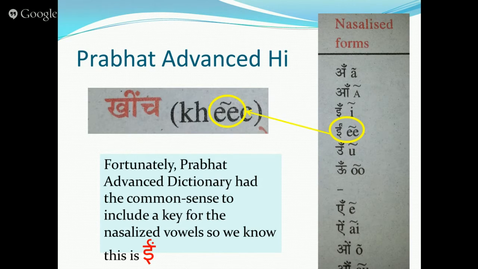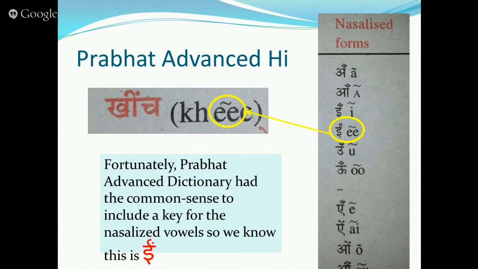So take a look at the forms on the right. You will notice that all of them are nasalized. It says nasalized forms. And what is in common with all of them? Well, all of them have a little wiggly wave tilde sign over them.